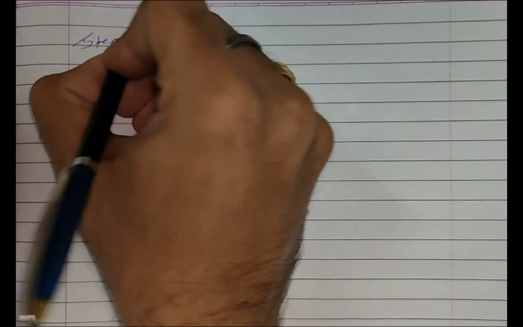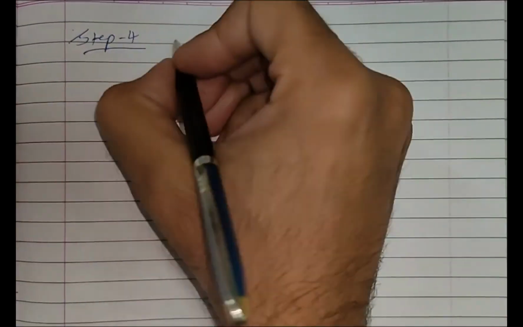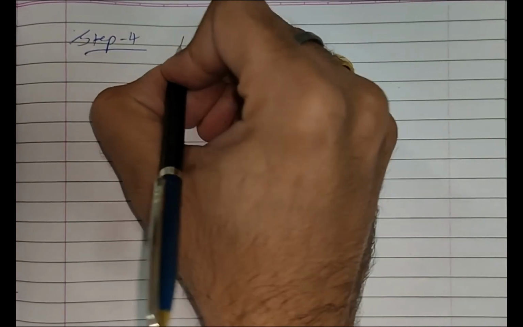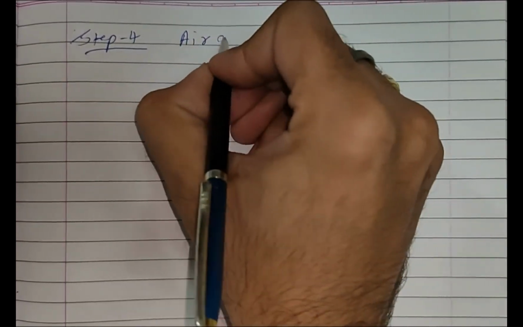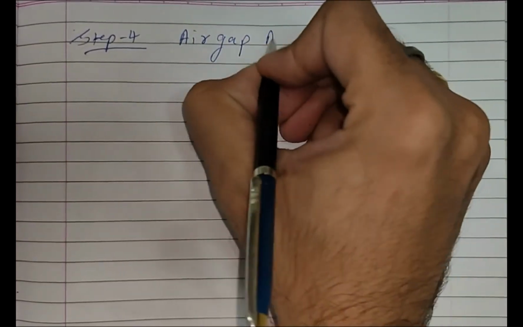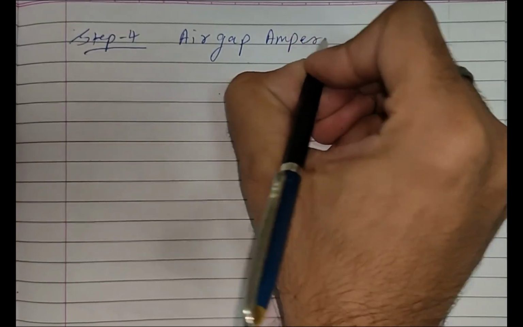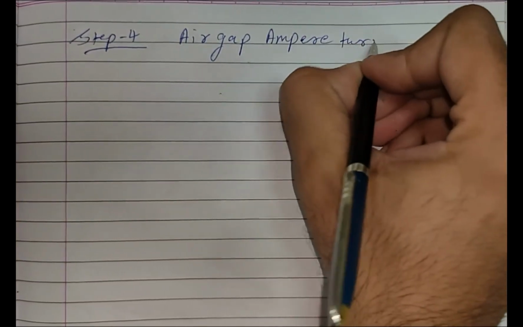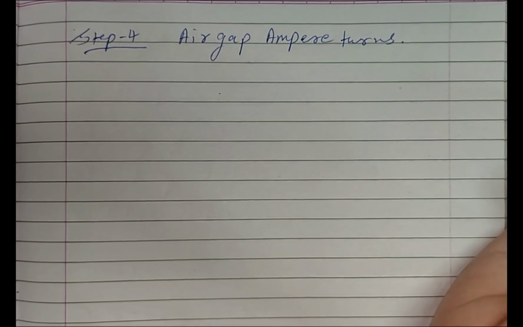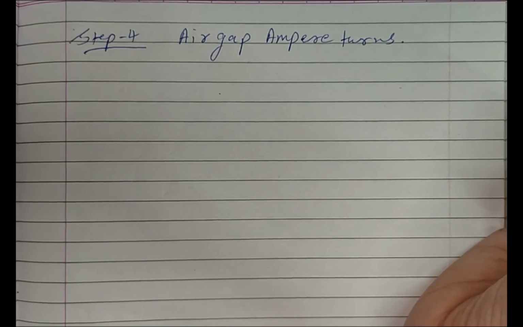The next step is to find out the air gap ampere turns. Now the air gap ampere turns are usually taken as 70 to 75% of the total no load field ampere turns.